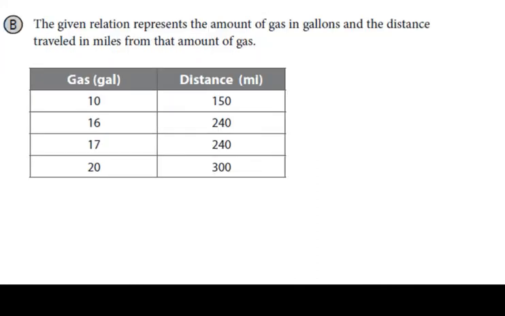Okay, let's try another. The given relation represents the amount of gas in gallons and the distance traveled in miles from that amount of gas.